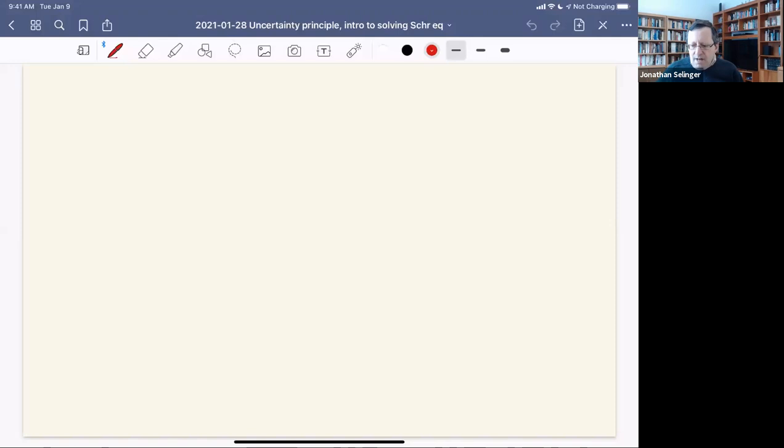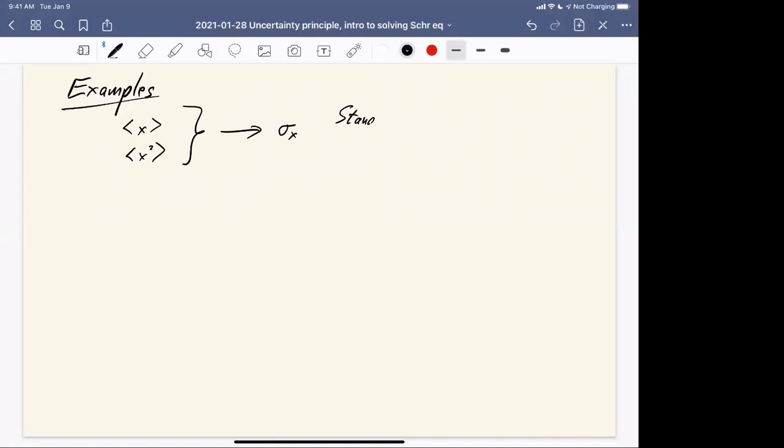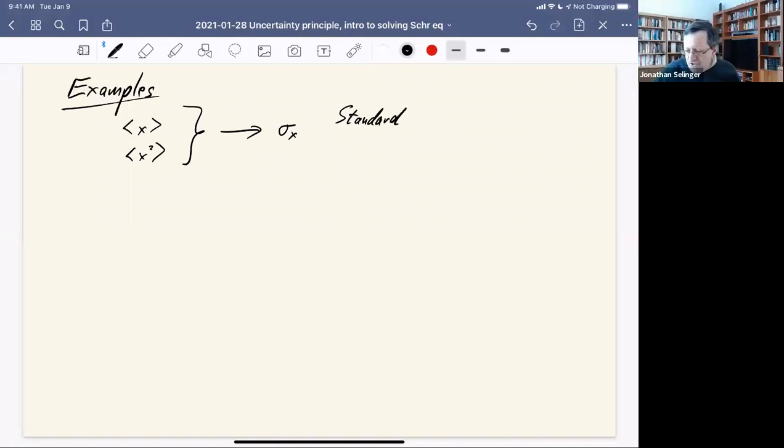In particular, we found the average x and the average x squared, and from those we got the standard deviation, which we could interpret as the uncertainty in x.